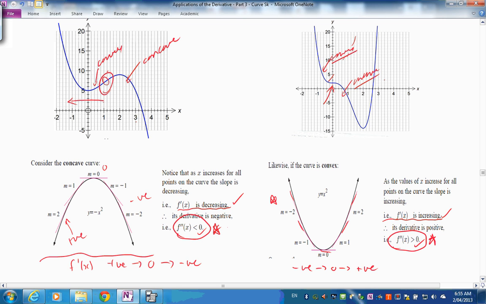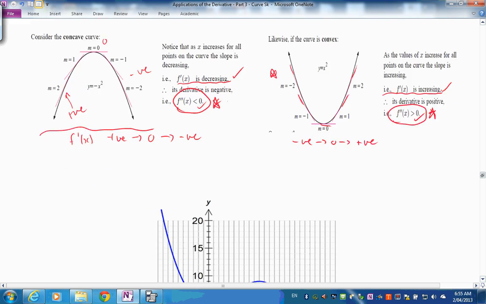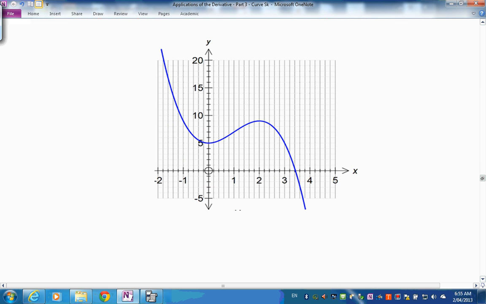So let's start to increase the level of sophistication now. Let's come down here and have a look at this function. So what can we say through this region, through to here somewhere? Well, this is going from negative slopes to 0 to positive.